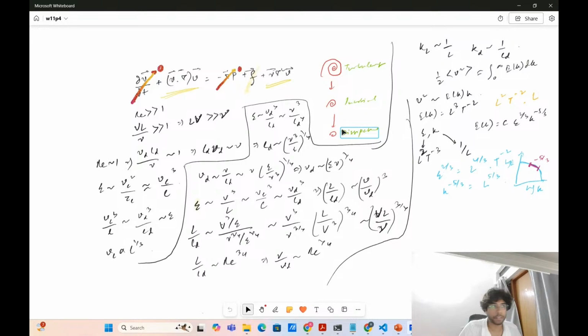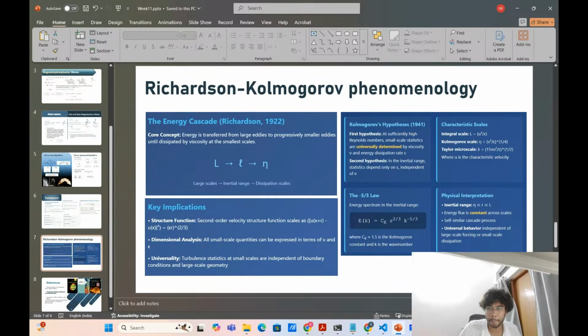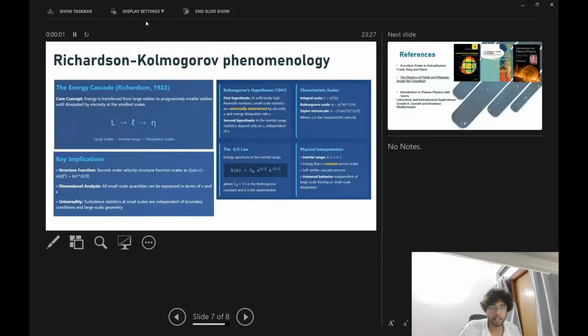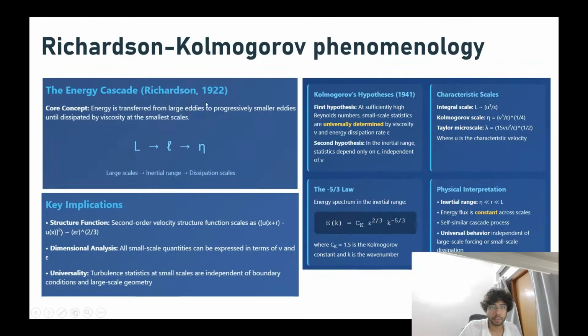Okay, so that is pretty much it. So this is how the turbulence propagates and the cascade of energy takes place from larger eddies to smaller eddies, right, until the dissipation by viscosity takes place.